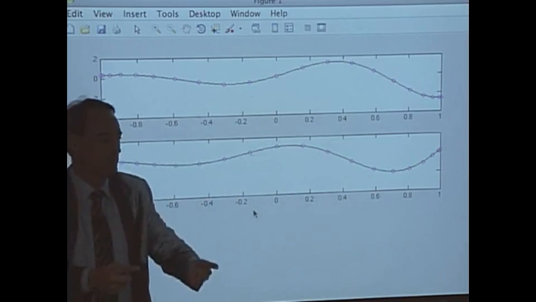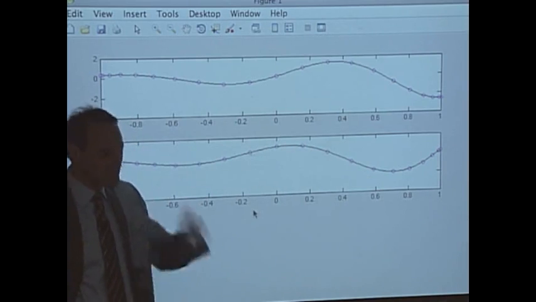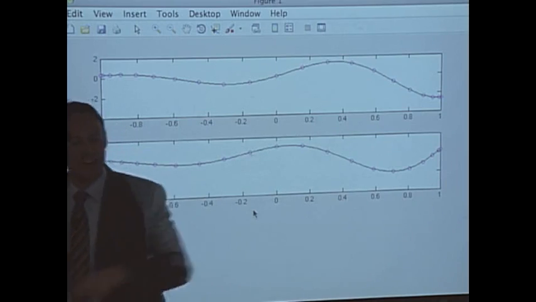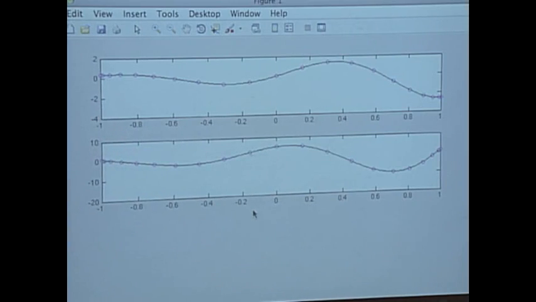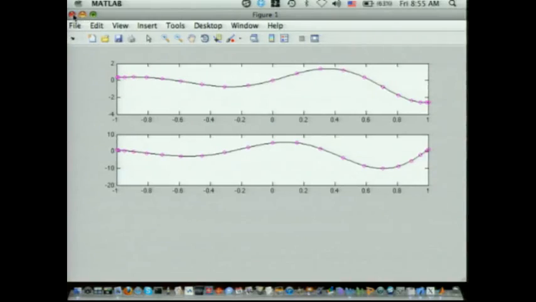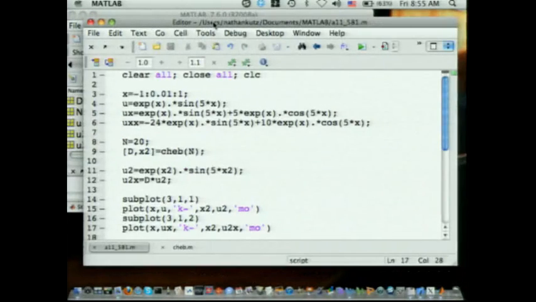Tell me which one you want. 20 is the right answer. Exactly. Thank you. All right, gold star. That's the kind of thing you're looking at. This is why people like Cheb. It's a spectrally accurate routine. 20 versus 2,000. I mean, that's easy math.